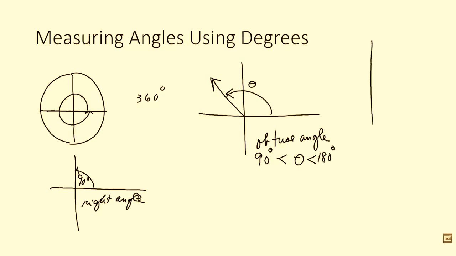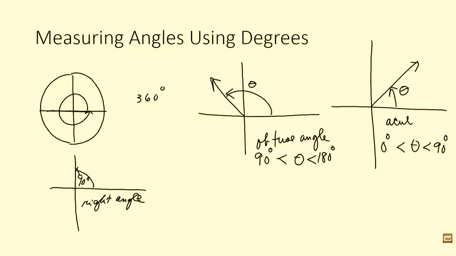On the other hand, let's say we have this situation, and let's call this theta. This angle theta, which measures between 0 degrees and 90 degrees, is called an acute angle.